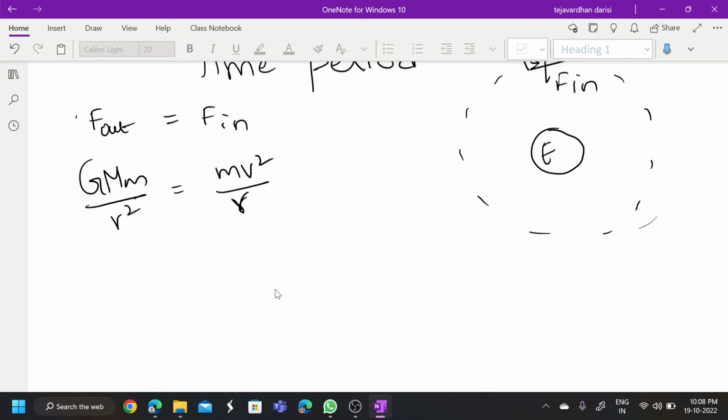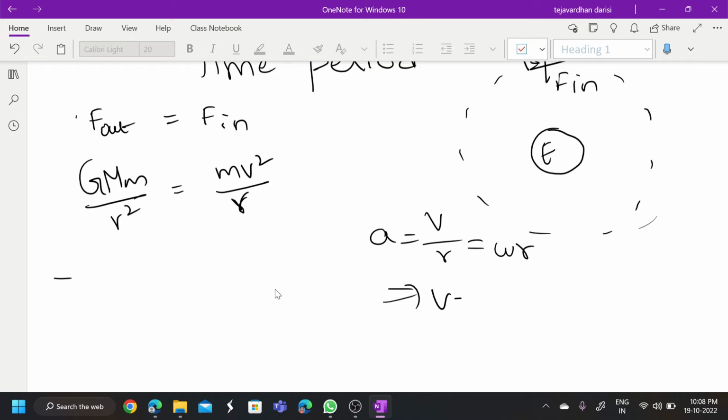From this, we know it is in angular motion, so we can derive the value for acceleration, that is, velocity by radius. If we consider velocity in angular terms, then v equals omega r. This is the formula for velocity.